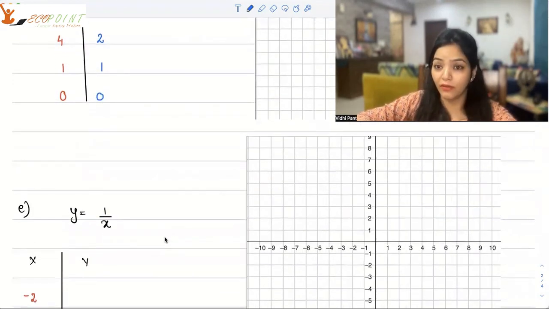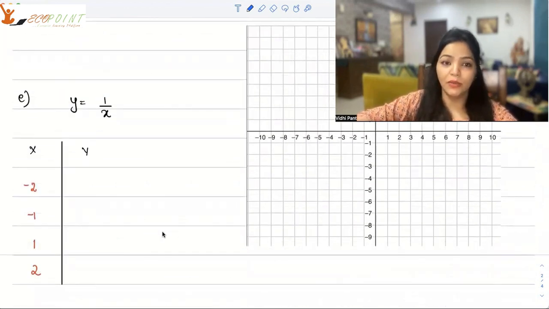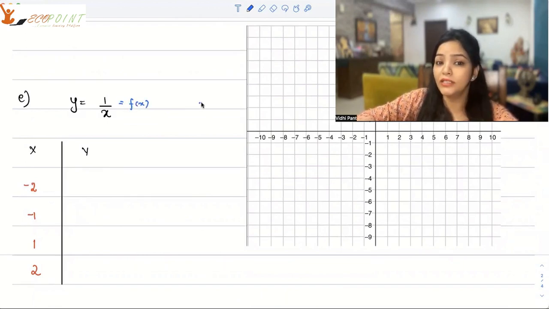Another important graph in mathematics and allied subjects is the graph of the reciprocal, that is 1 upon x. One thing that you need to understand when you are taking the function f(x) equals 1 upon x is that I cannot take x as 0, because at 0, this number is not defined, right?